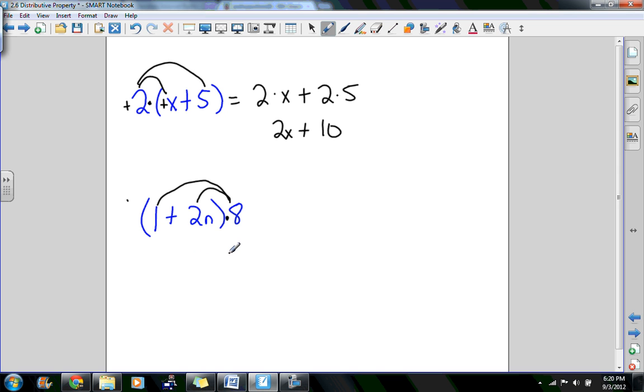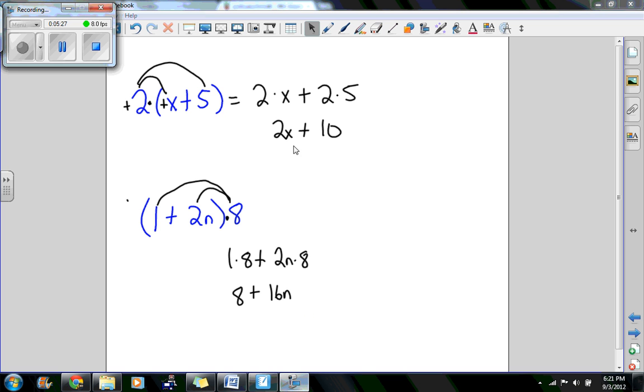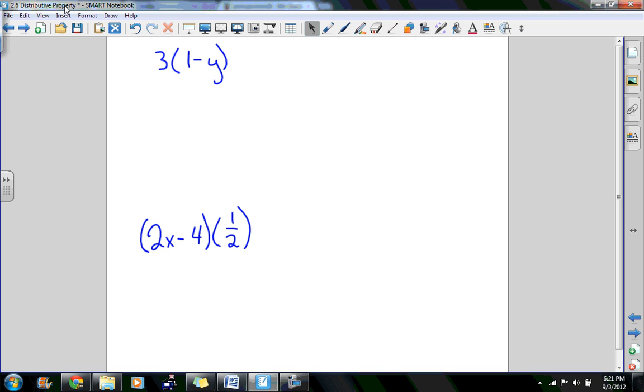I'm going to go 1 times 8, and I'm going to go plus, because positive, positive, and I'll go 2n times 8. 1 times 8 is 8. 2n times 8 should be 16n, because the 2 and the 8 multiply together. Alrighty, make sure you get that written down. We'll check our time. We're doing okay. To do a couple more, we got some negatives involved here.